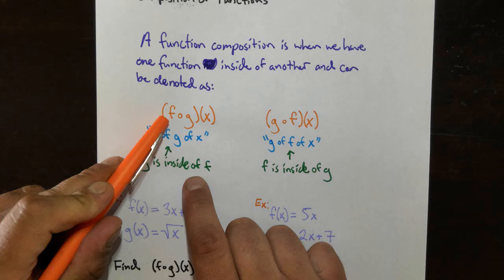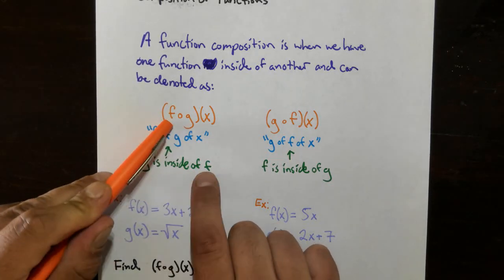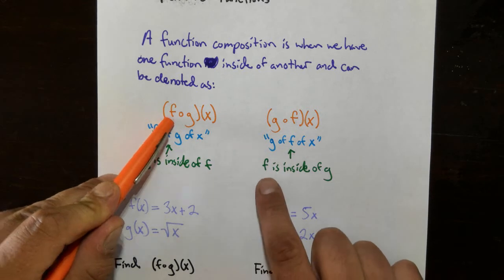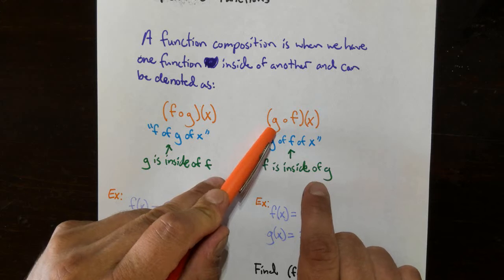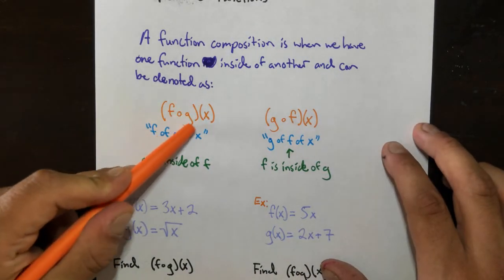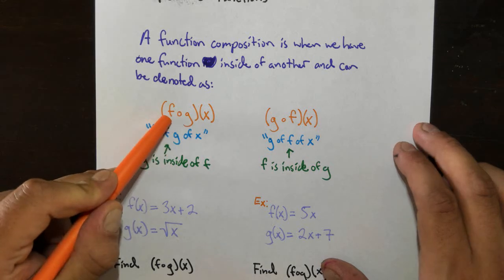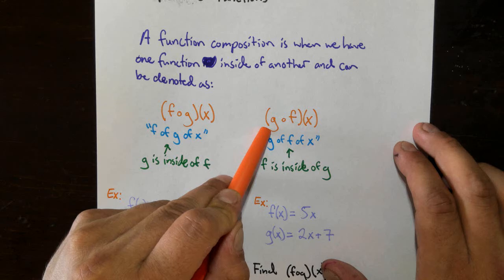So f of g means that g is inside of f, and g of f means that f is inside of g. So basically, whatever function is the second one, it is inside the first one. So g inside of f, and f is inside of g.